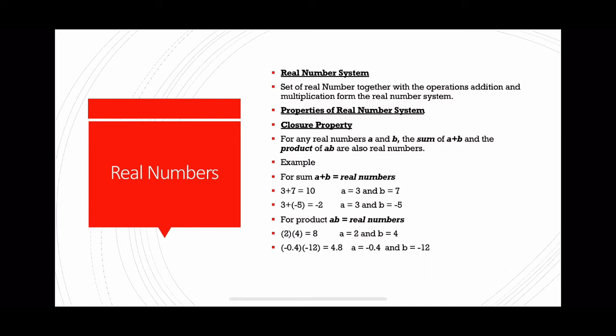Negative 0.4 multiplied by negative 12 is equal to positive 4.8, where a is equal to negative 0.4 and b is equal to negative 12, and 4.8 is a real number. 3 multiplied by negative 2 is equal to negative 6, where a is equal to 3 and b is equal to negative 2, and the real number is negative 6.